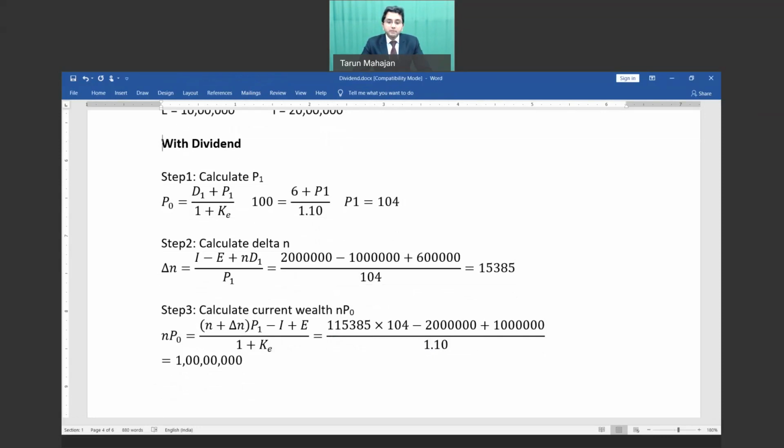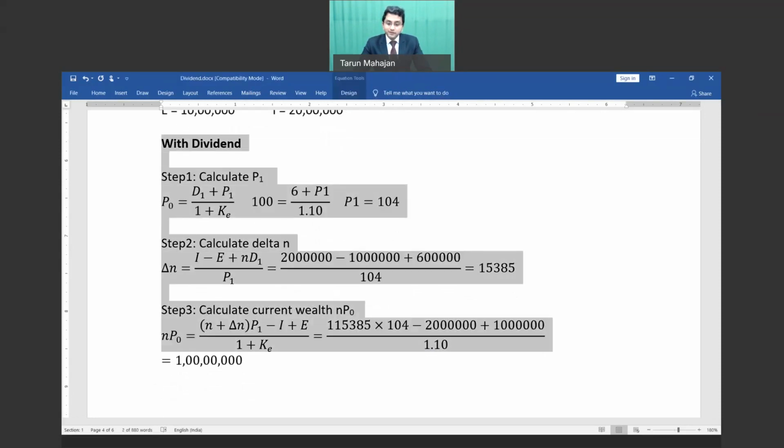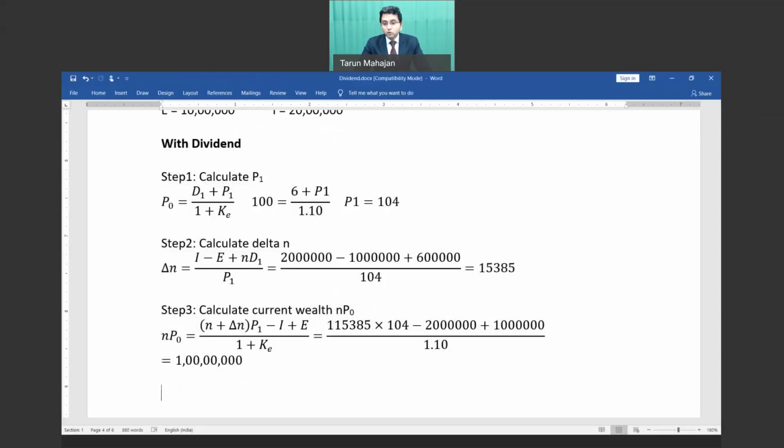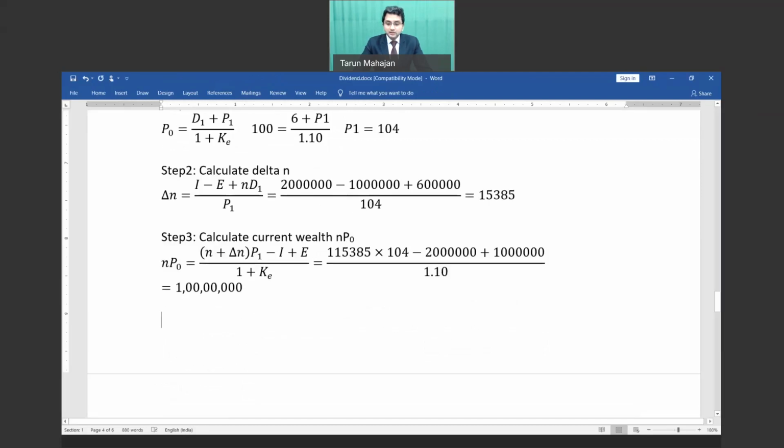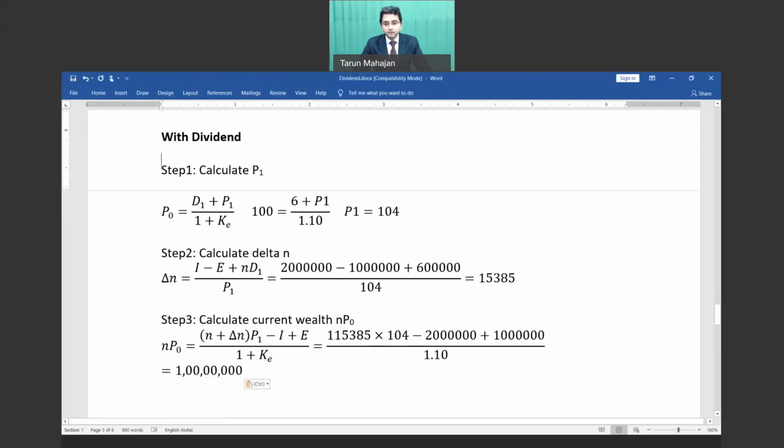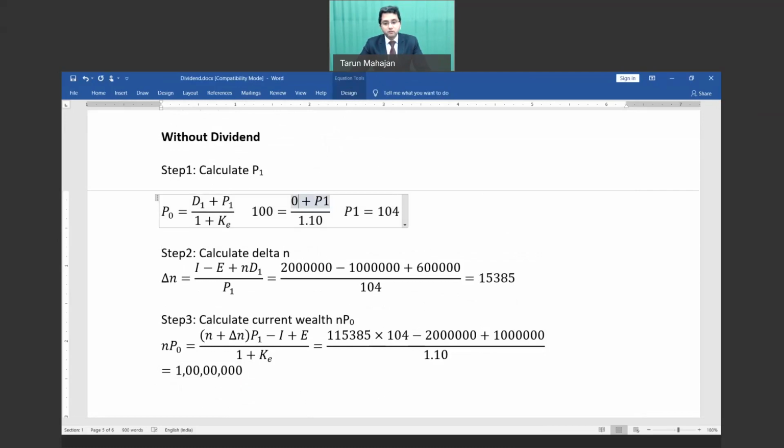Now I do the same calculation without dividend to check whether the value remains same or not. So when I do without dividend, I'll put dividend equal to 0. When I put it equal to 0, this will become 110. If I don't give dividend, my price will remain high. If I give dividend, my assets will reduce, my price will come down after 1 year, not today.